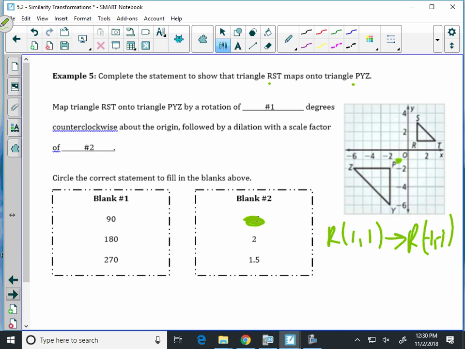So if you're stuck on what to do, you've got a 50-50 shot of getting the right answer. But you just guess and check. Which one do we want to check first, 2 or 1.5? 2? Okay, let's do a dilation of 2. So I'm going to take my new R, -1, -1, and multiply it by a scale factor of 2 to get what?